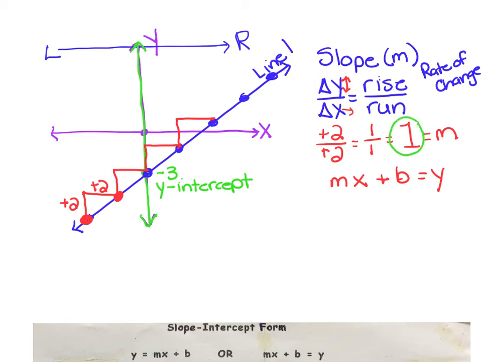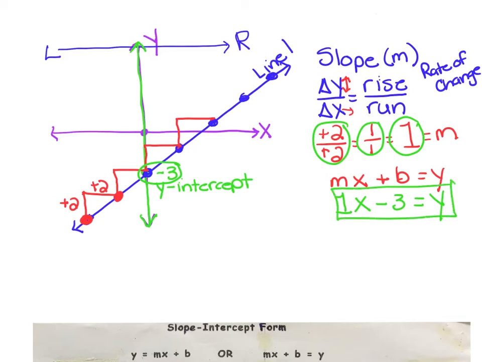Our m, our slope, can be found here. We know it's positive because we travel uphill. +1 times x. Now our intercept is a -3 equals y. And this is the equation for this particular blue line.